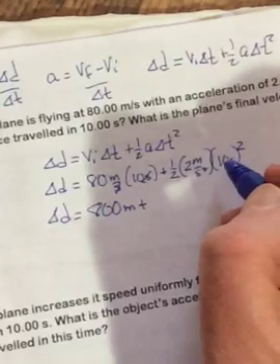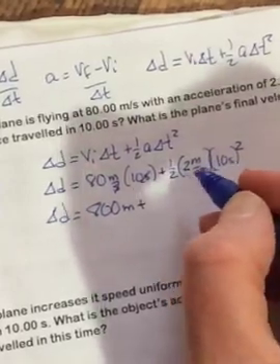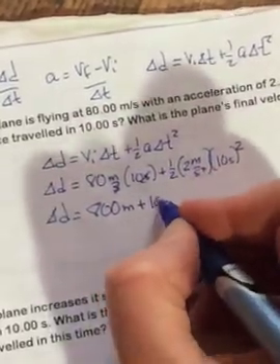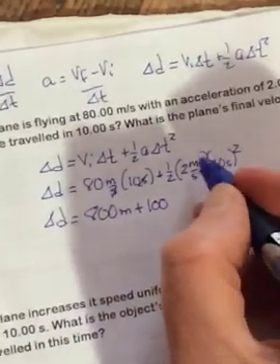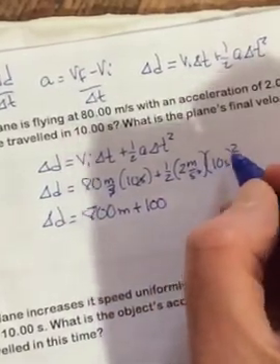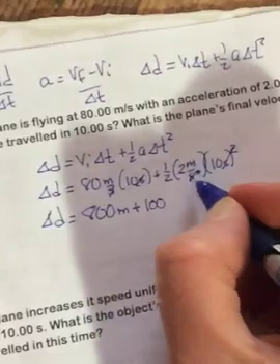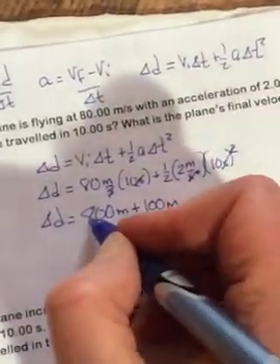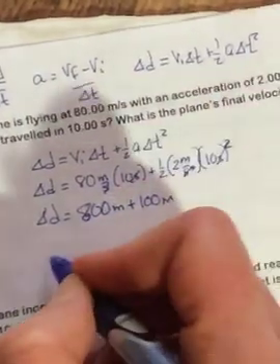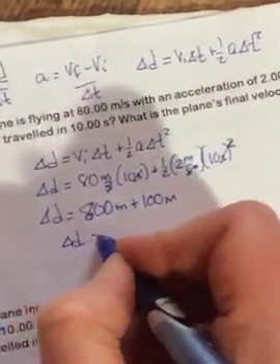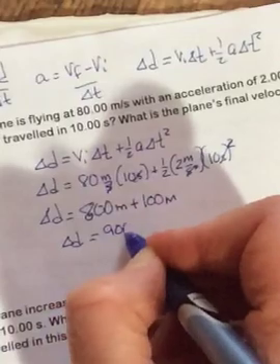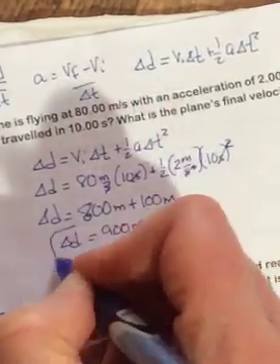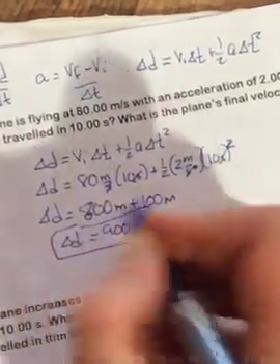So 10 squared is 100, times 2 is 200, half of which is 100. And then meters per second squared times seconds squared, they'll cancel and just leave you meters, which is good, because then you can add it to the 800. And obviously delta d is measured in meters. So how far did it travel? 900 meters. So that's the first part of the question.